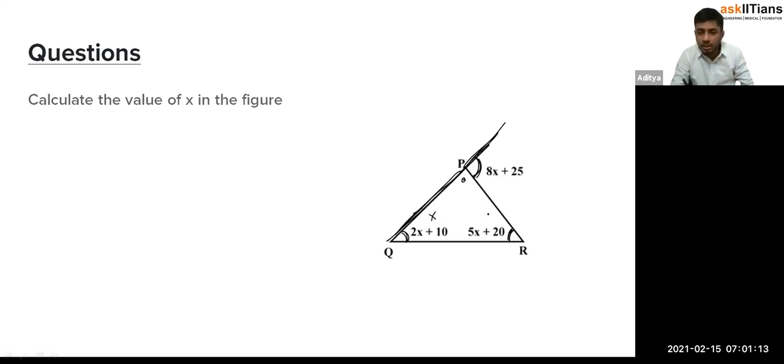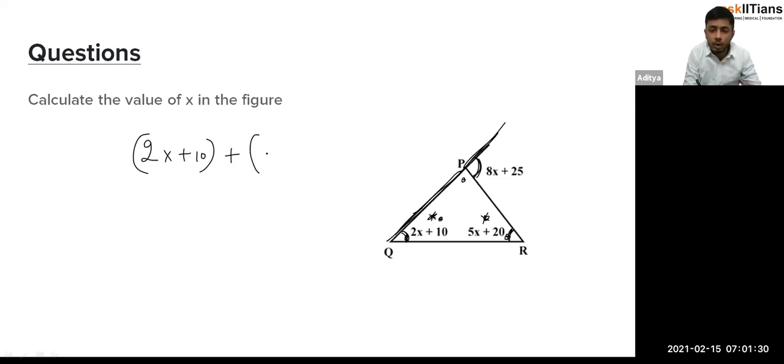These are the opposite interior angles. This is not x actually, this is just a marking, okay? So I am saying that 2x plus 10, this opposite angle, and this opposite angle, their sum would give us the exterior angle. Here we are using the exterior angle property, right?